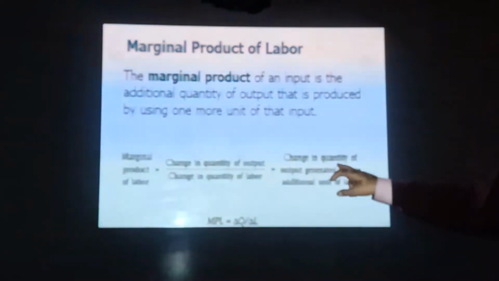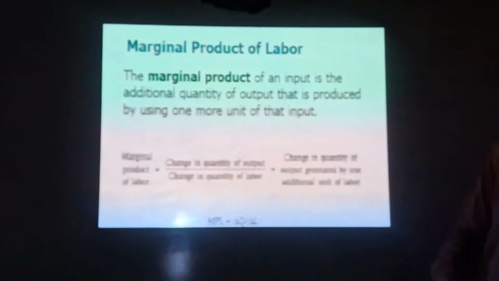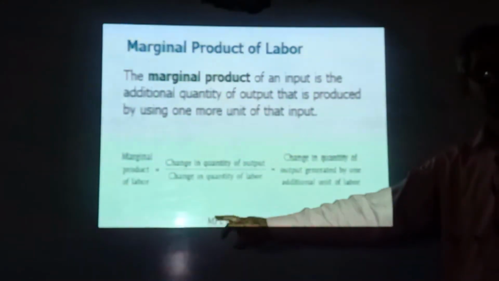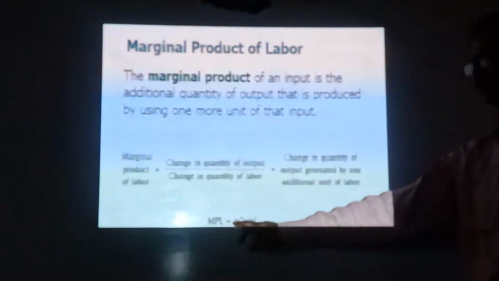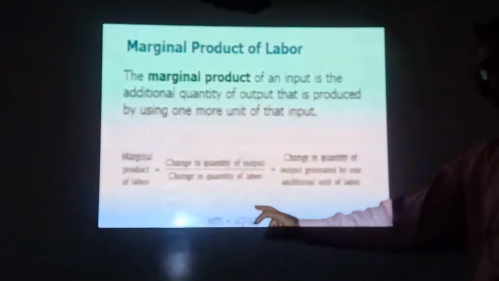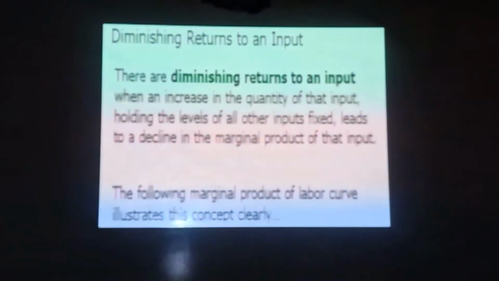So it is the change in quantity of output generated by one additional unit of labor. Marginal product of labor, L for labor, M for marginal, and P for product, is equal to delta, the change in quantity of the output, divided by the change in L, meaning labor. This is the formula we simply use to calculate the marginal product.